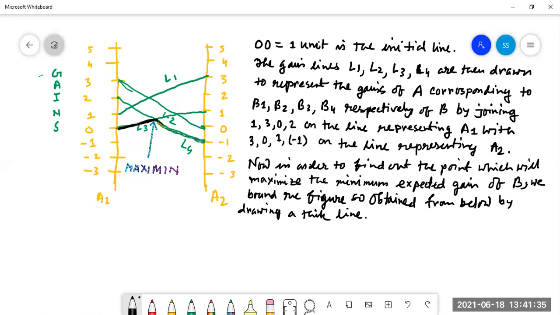The highest point M, within bracket maximum, highest point capital M of this bound.